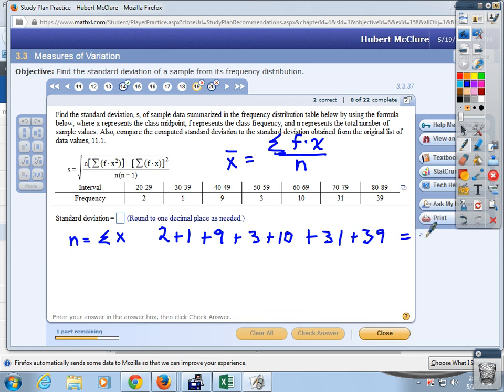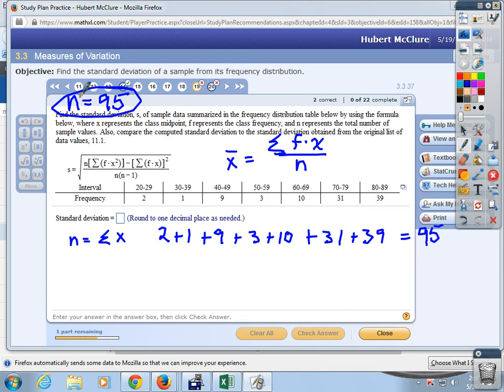You might want to use your calculator. So 95 is N. Plug that in.